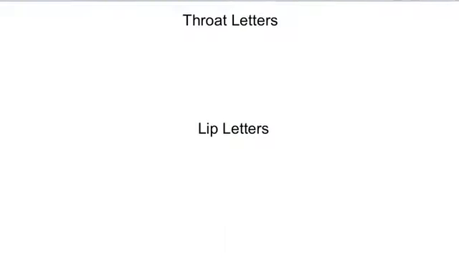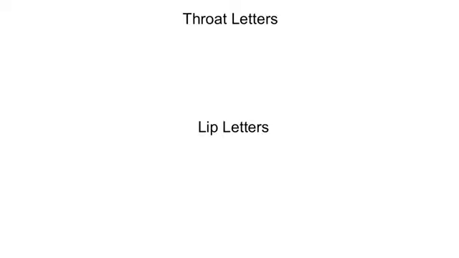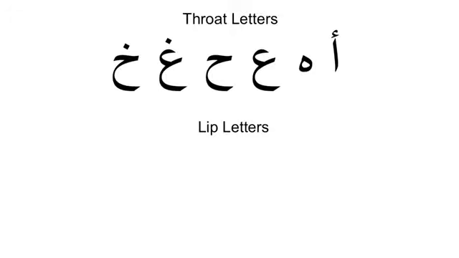So, what are the throat letters? There are 6 throat letters, and if you remember, can you recite them from memory? They are Hamza, ha, Ain, ha, Ghain, kha. What about the lip letters?